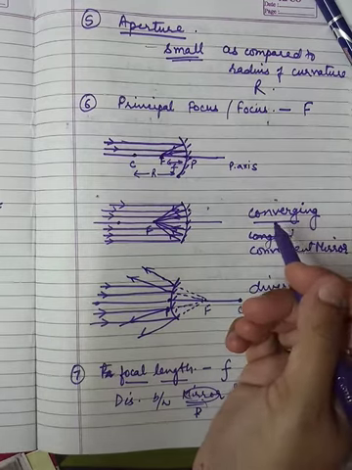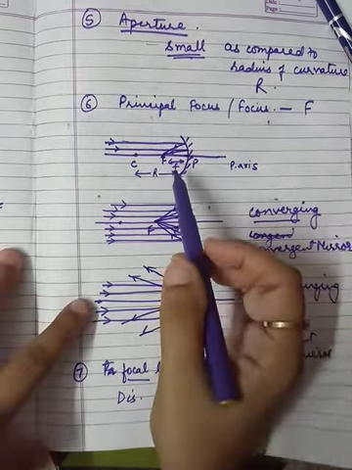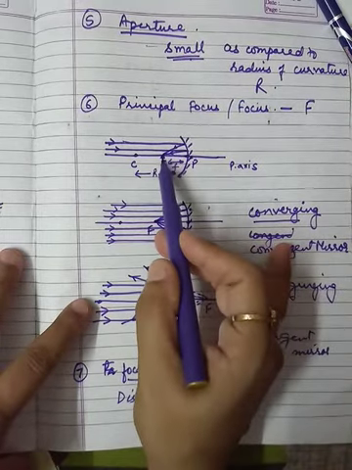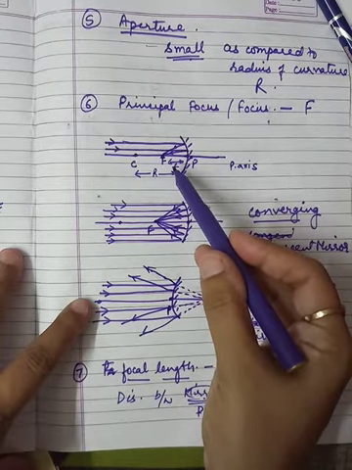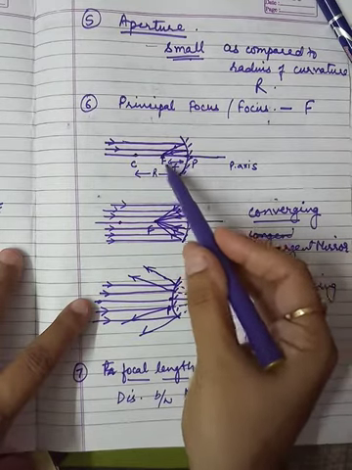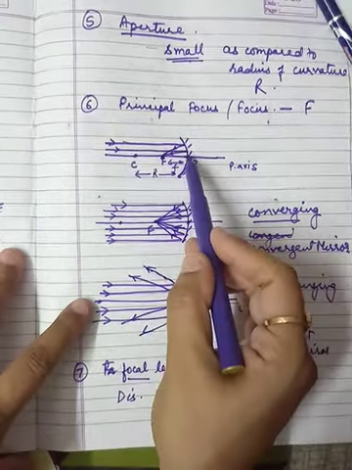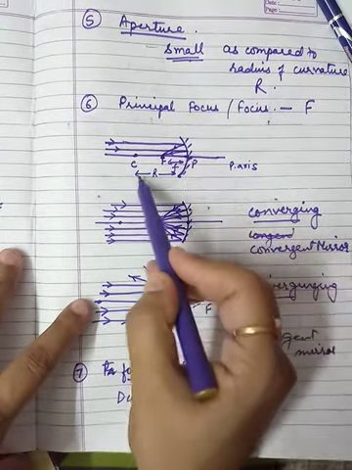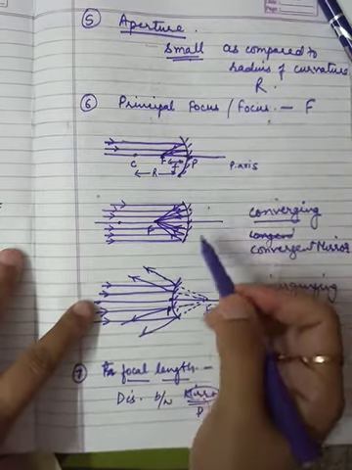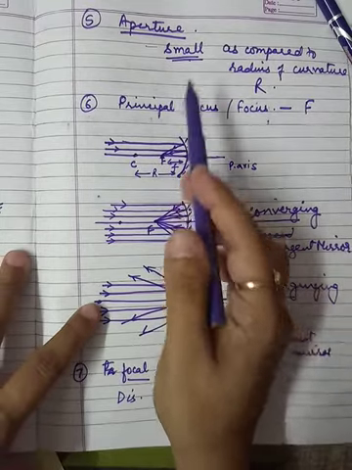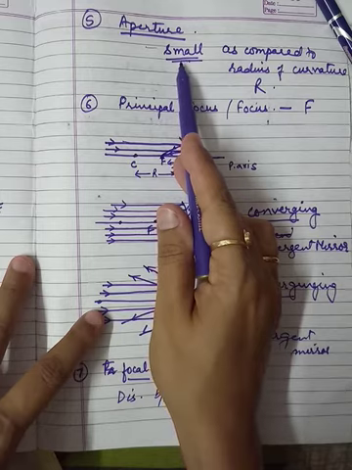Now an important point to understand is that the distance between F and P, which is called focal length, is just half of the distance between C and P, which is the radius of curvature, capital R. Why is it so? It is only for small apertures. I told you in this chapter we will consider only small aperture mirrors.